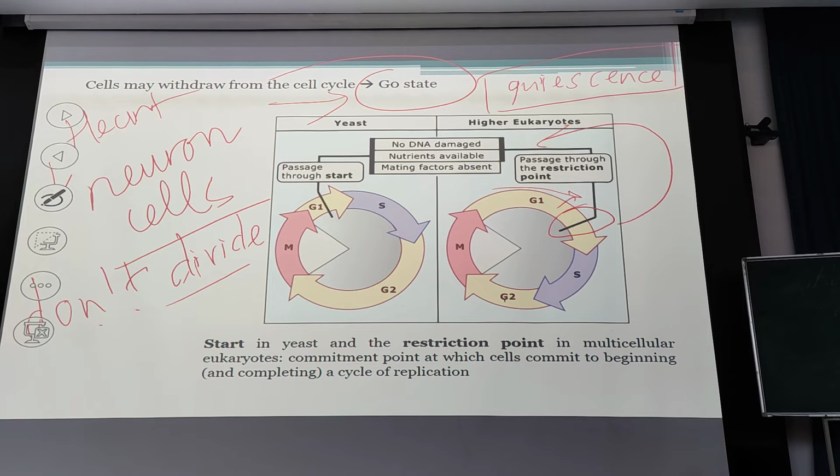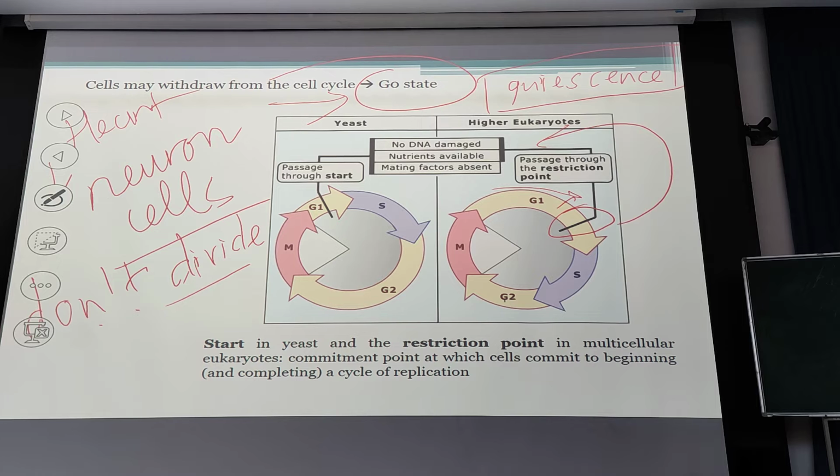Of course, if the neurons or heart cells are damaged, they can go back into the cell cycle, but in our normal case they are in the G0 state. Some cells in our bodies last for several months, but neuron cells have the same age as you.